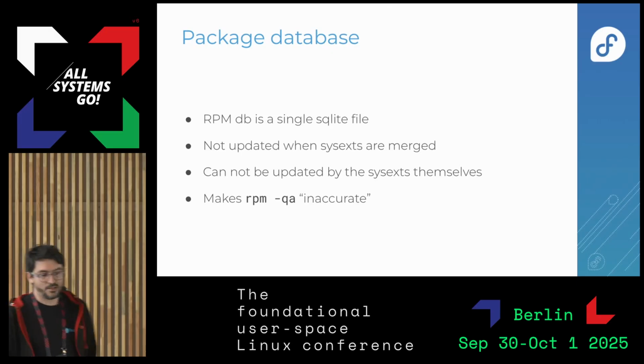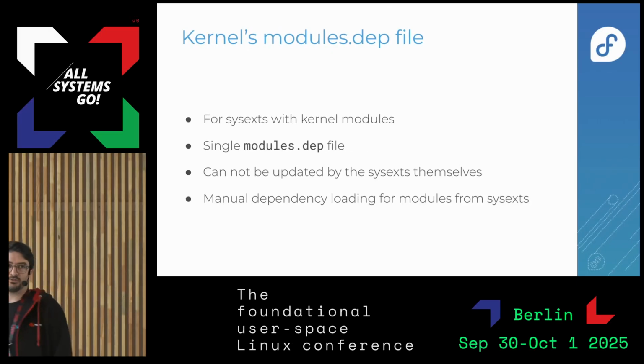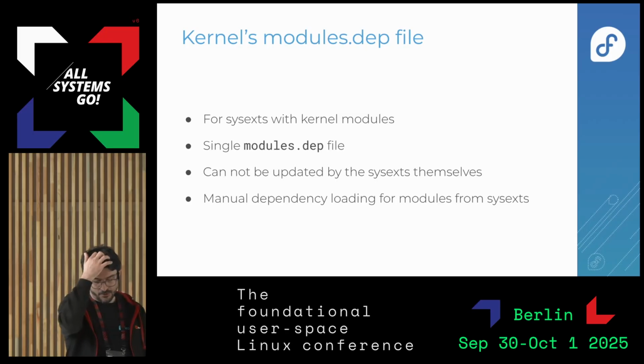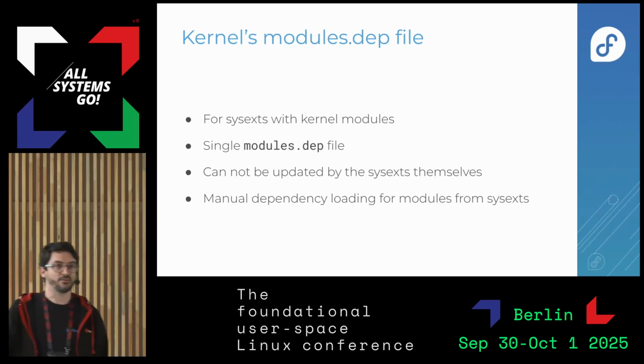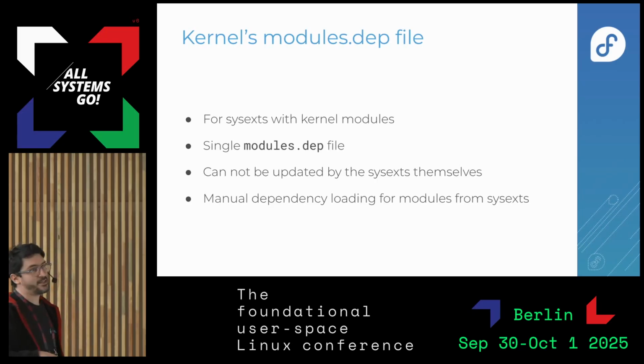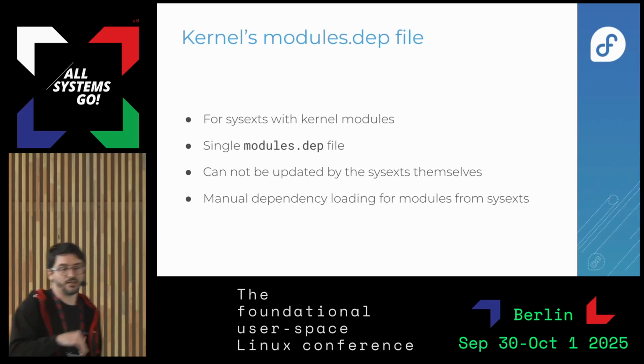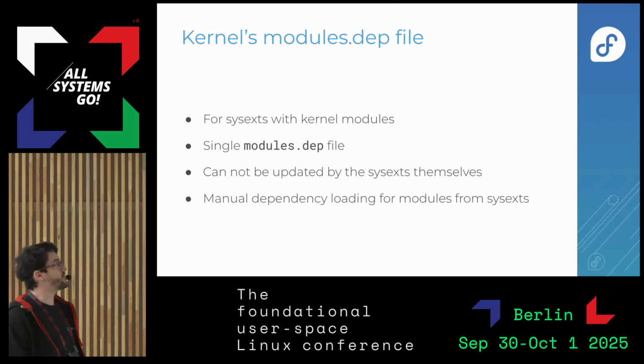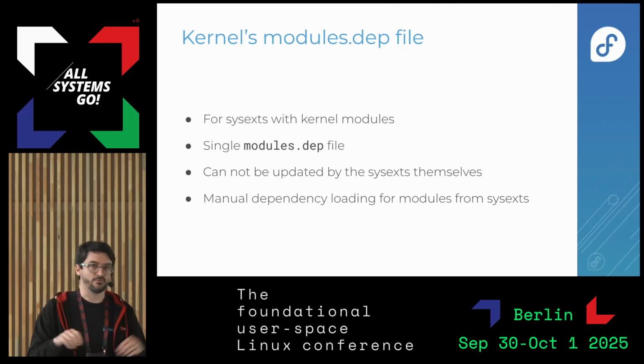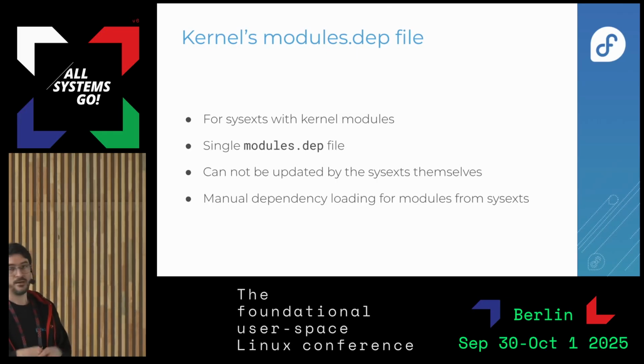The second one is, what about kernel modules? Some people have been looking at whether we could put kernel modules inside of Sysexts. The main trick is that once you do that, there's also a single file that comes to mind, the module.dep file with all the module dependencies for loading the kernel modules.